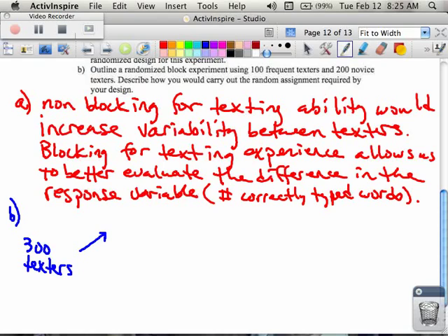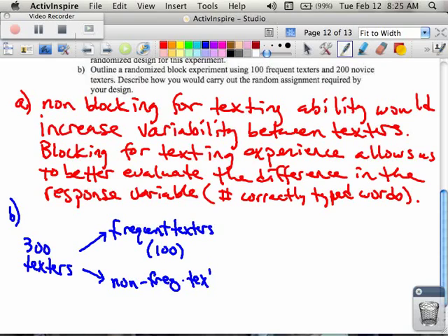Experienced texters? Frequent. So frequent texters, and how many of those were there? 100. And then the non-frequent texters, and those are 200.